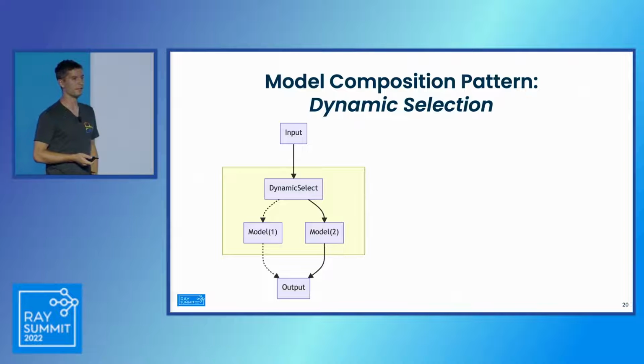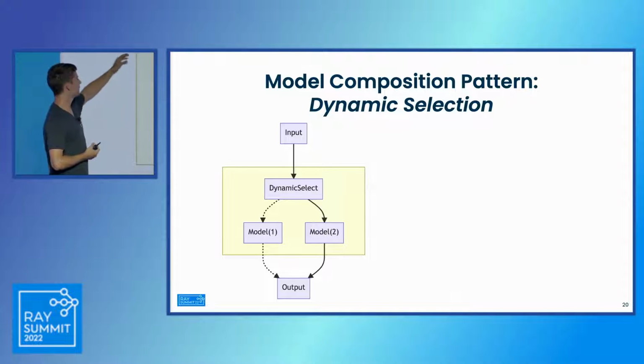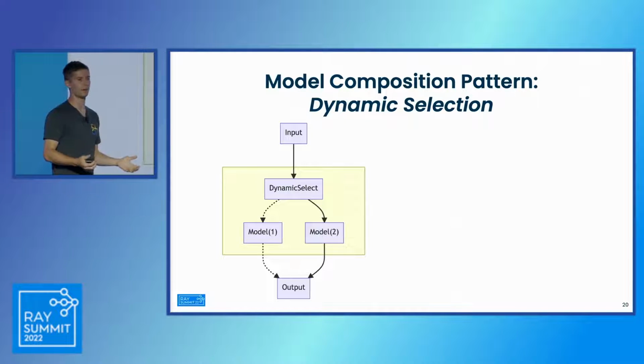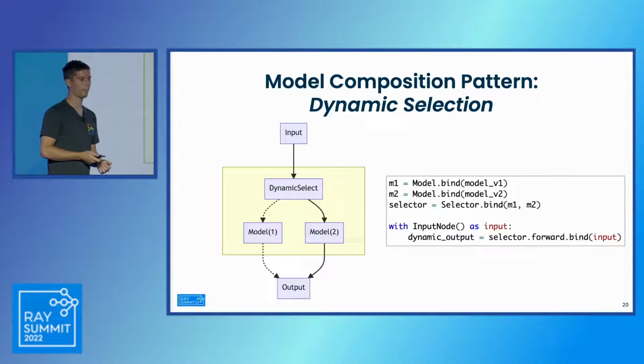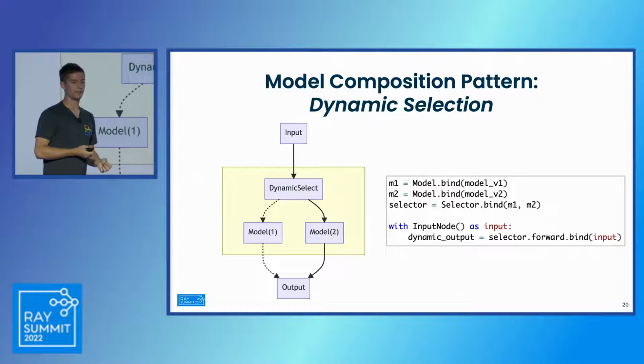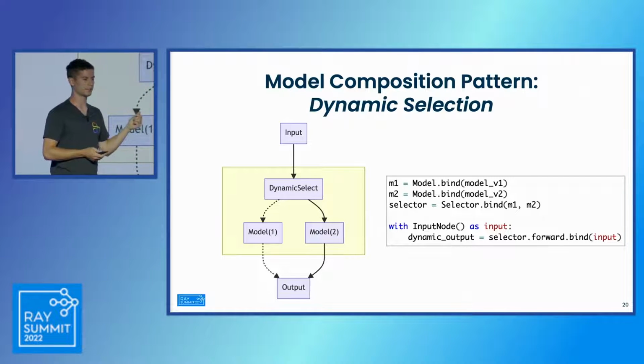And finally, one of the patterns that we're really excited about, because we've heard it a lot from our users, is this idea of dynamic selection. Sometimes based on the input or based on other parameters, like what user sent the request, you actually want to select a different model to handle the request. Because RayServe lets you just use ordinary Python code in order to write each node in this graph, this is also really easy to express.